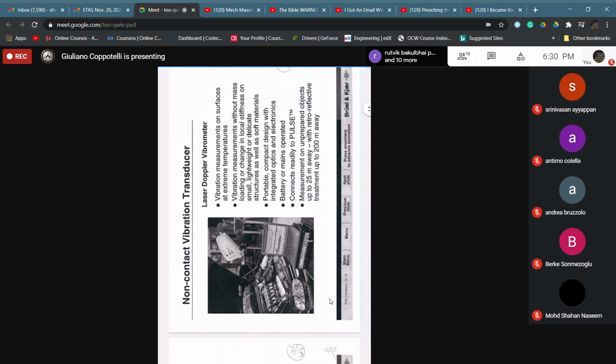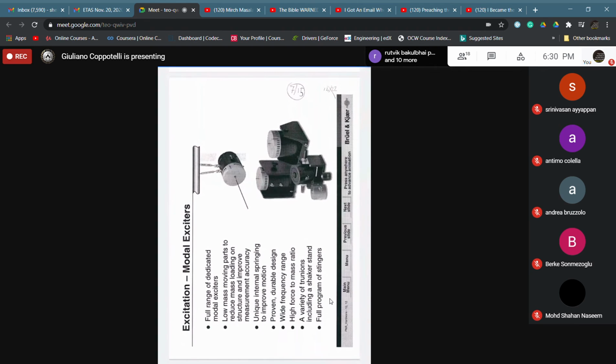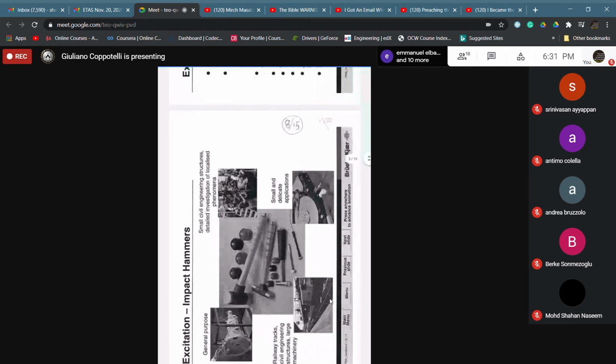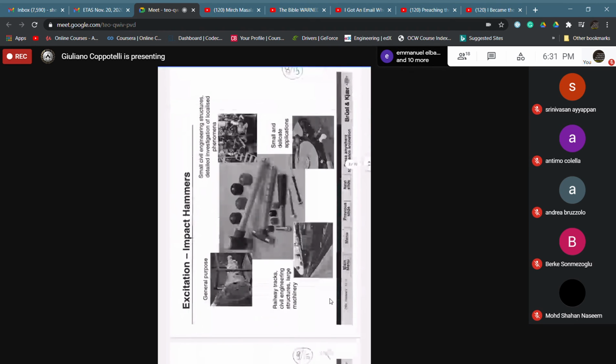Okay, these are typical shakers, from the smaller one to the bigger one. They can have a lot of tools that help you in taking the test, for example, supporting structure, set of stingers, and supporting once again. In addition to that, here are some representative modal hammers.